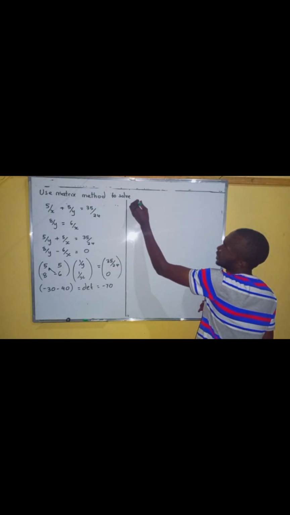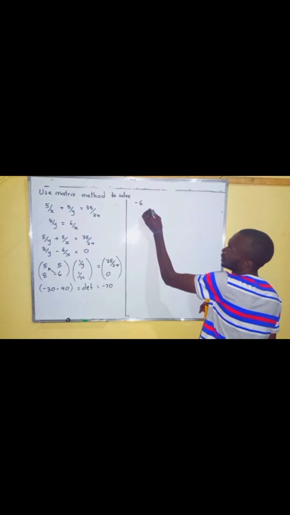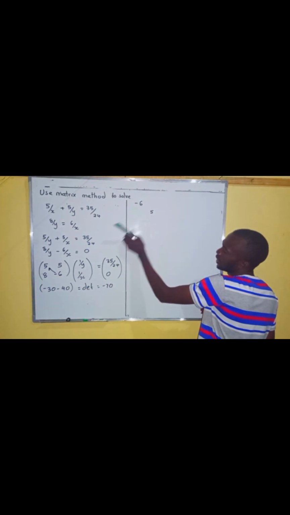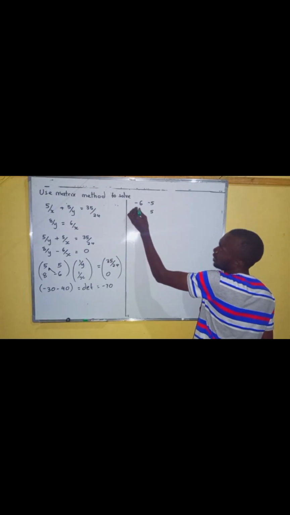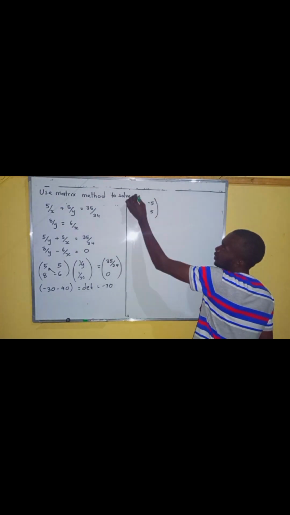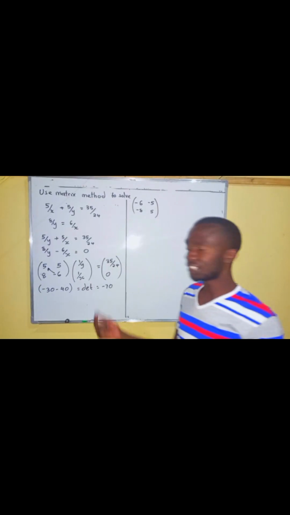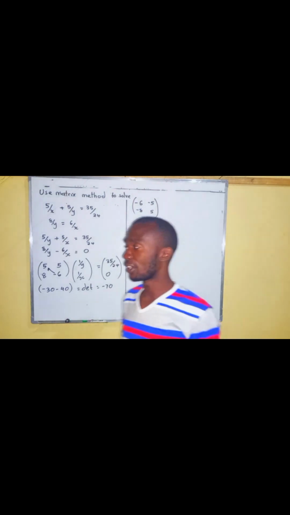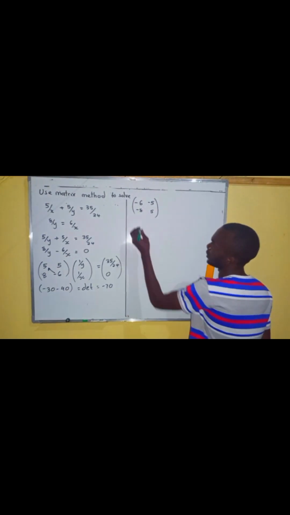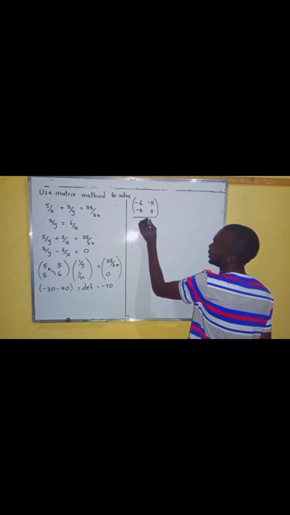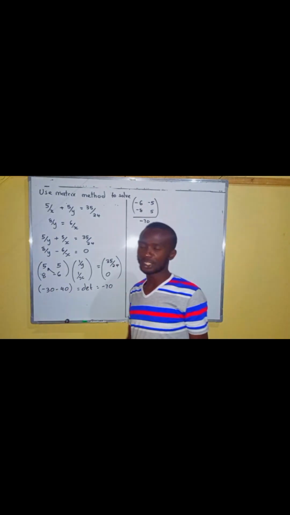So we have negative 6 coming first, then negative 5, then 8, then 5. Then we divide by the determinant, negative 70. So that is the inverse of the 2 by 2 matrix.